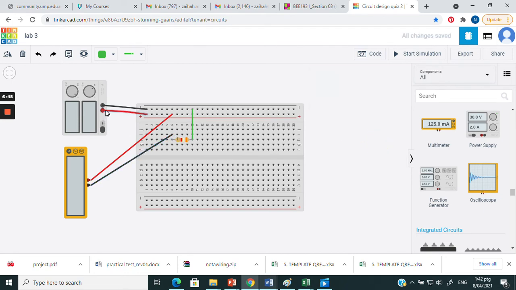The current will flow from the positive power supply through this line, get into the multimeter, go back to the resistor and flow back to the power supply. So it just completed one cycle. Next, you will get the current is 0 ampere.